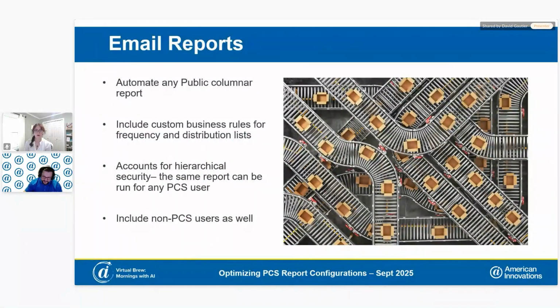But it gets fancy because you can include business rules as far as why the reports are run. So for example, if I have a delinquency report, I can say, hey, if I have delinquencies in the next 90 days, then send me a report so I can take care of those.